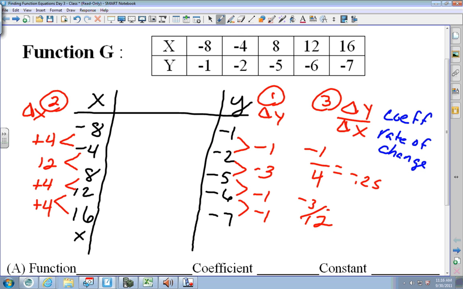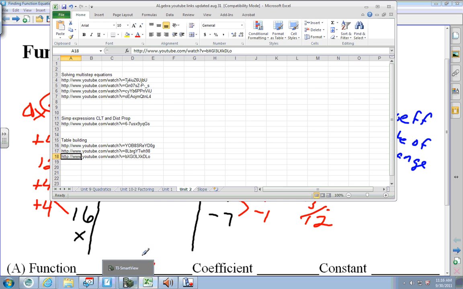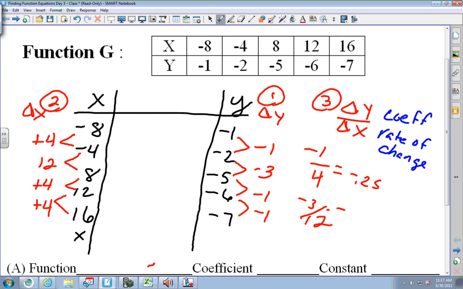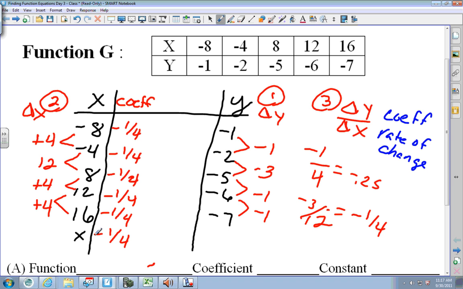So it's -1/4. My coefficient is -1/4, and I'll put that all the way down here. Remember, coefficient, rate of change, it all means the same thing.